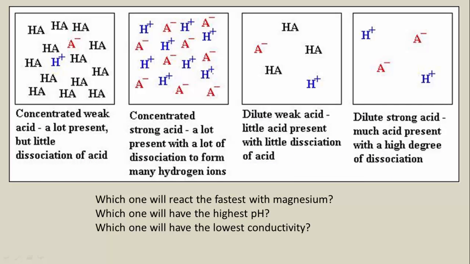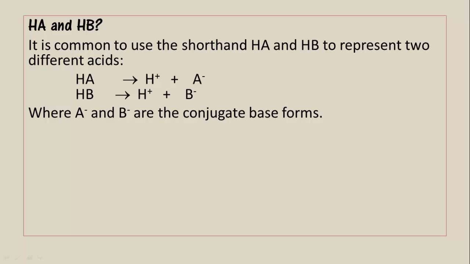Here is another representation that ties together the concepts dilute, concentrated, weak and strong into their four groups. Again, pause this video and interpret what these diagrams represent. What do you think the answers are to these questions? To finish off, here is a sample question that uses that generic terminology for the two acids.